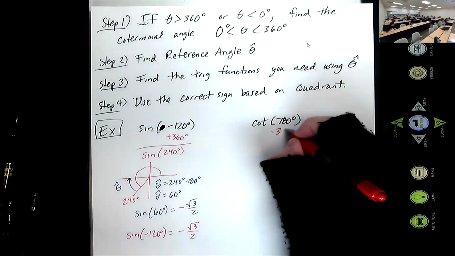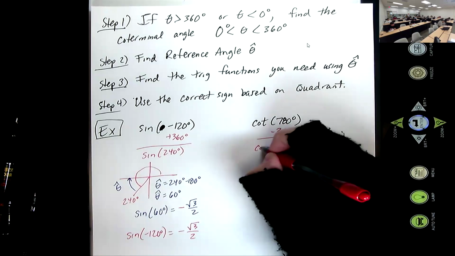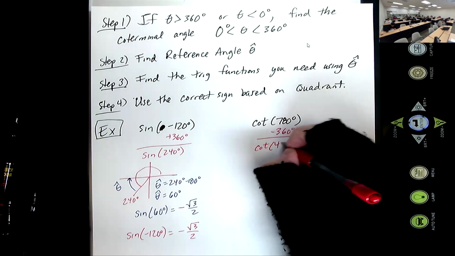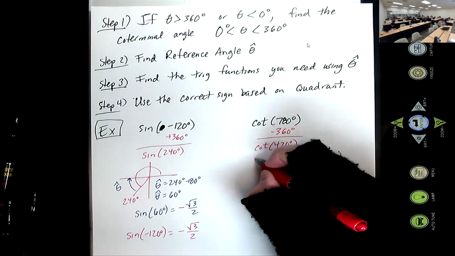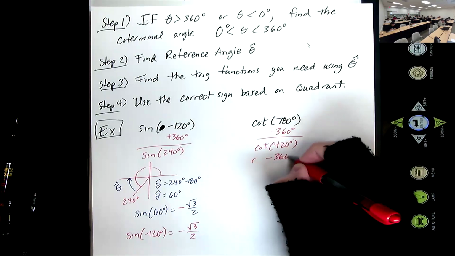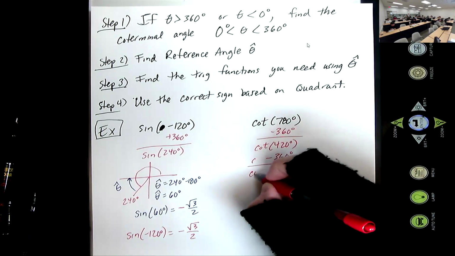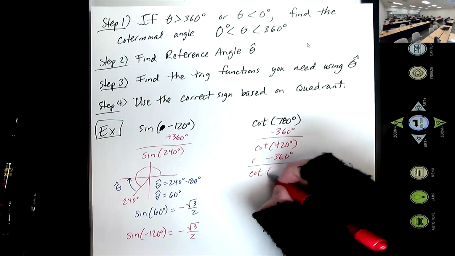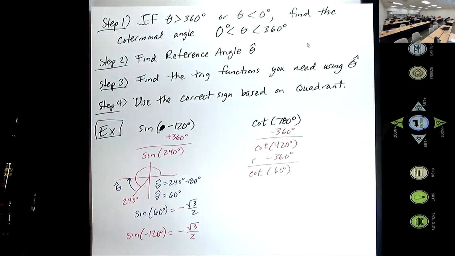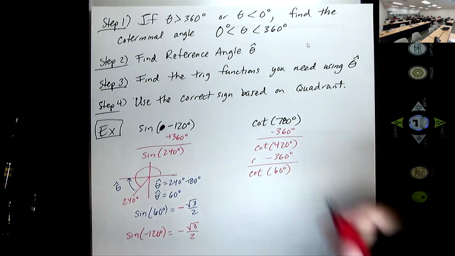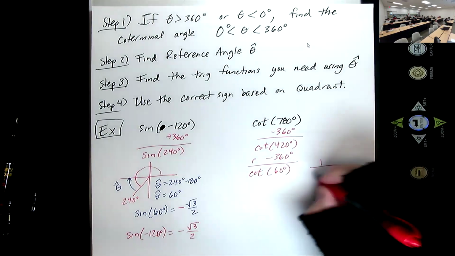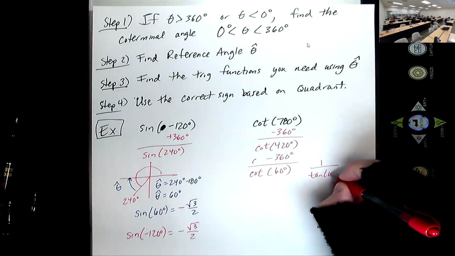If I subtract for the cotangent, if I subtract 360, I'm down to 420. That's still not between 0 and 360, so I'll subtract another 360. And I'm down to cotangent of 60 degrees. This is 1 over tangent of 60 degrees.